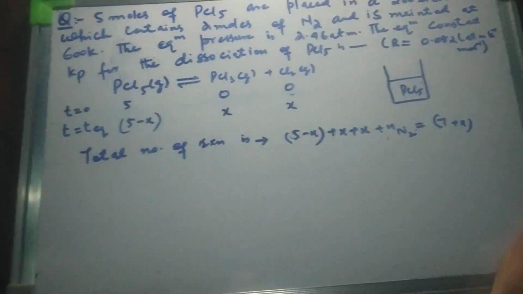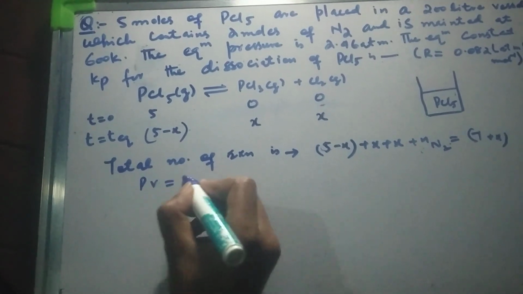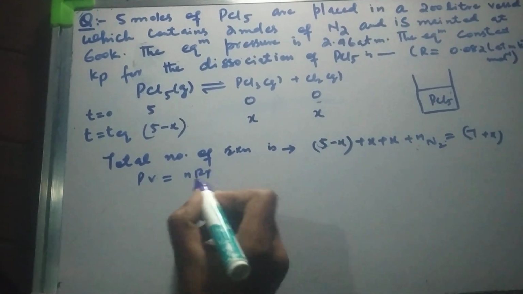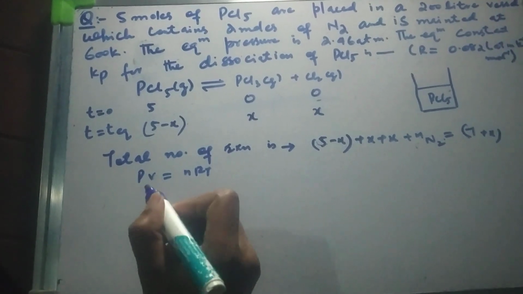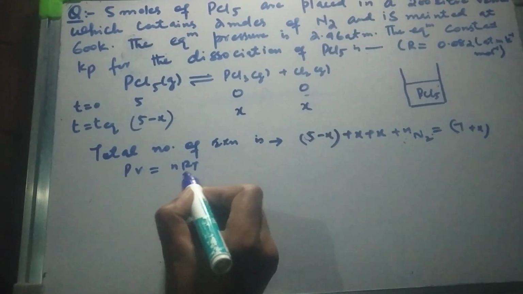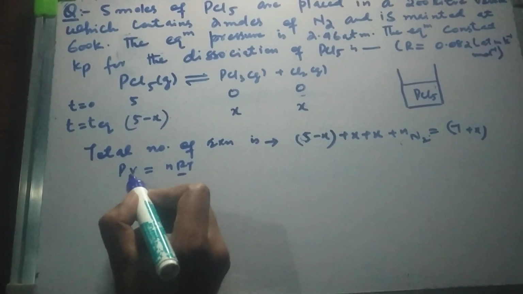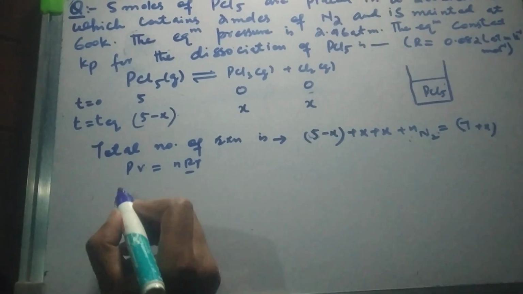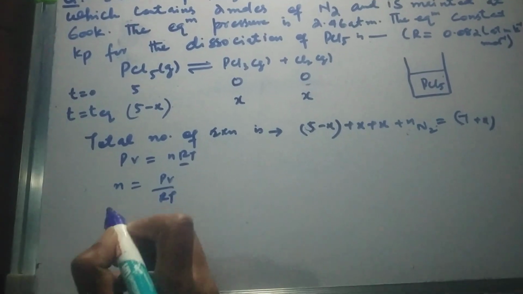We know the equation of gas: PV equals nRT. This is the universal gas equation, where R is the universal gas constant, T is the temperature, n is the moles, P is the pressure, and V is the volume. So n equals PV upon RT.